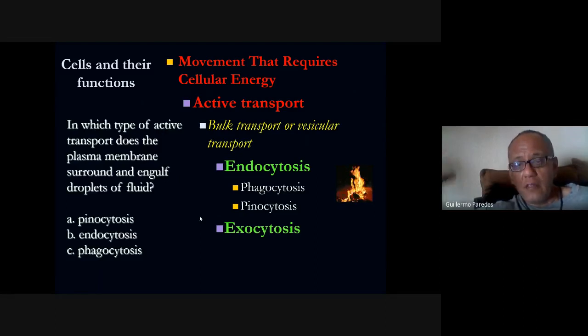Phago means eating, cytosis means process of the cell, so the cell is eating. Pinocytosis is when they incorporate fluid inside the cell. So everything is getting inside, fluid and solid. Phagocytosis, solid. Pinocytosis, fluid. So they are actually eating and drinking.